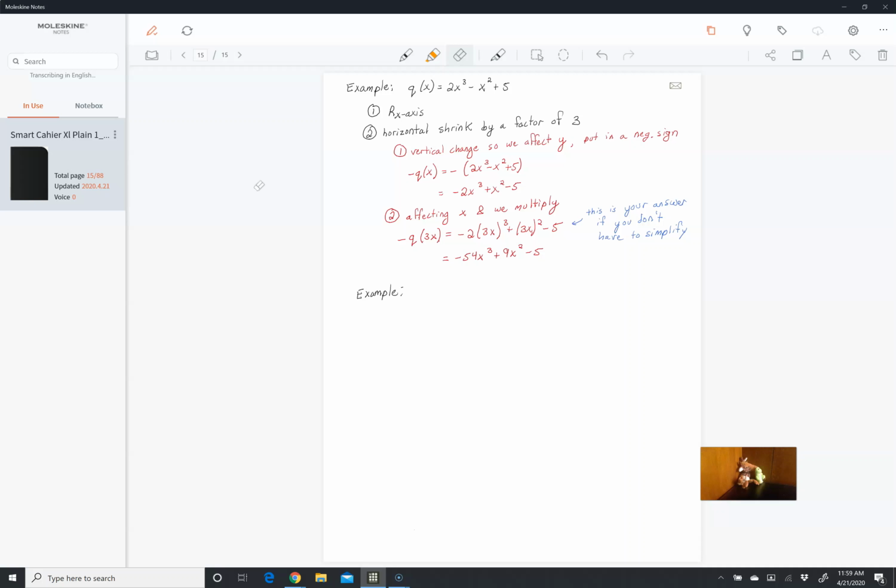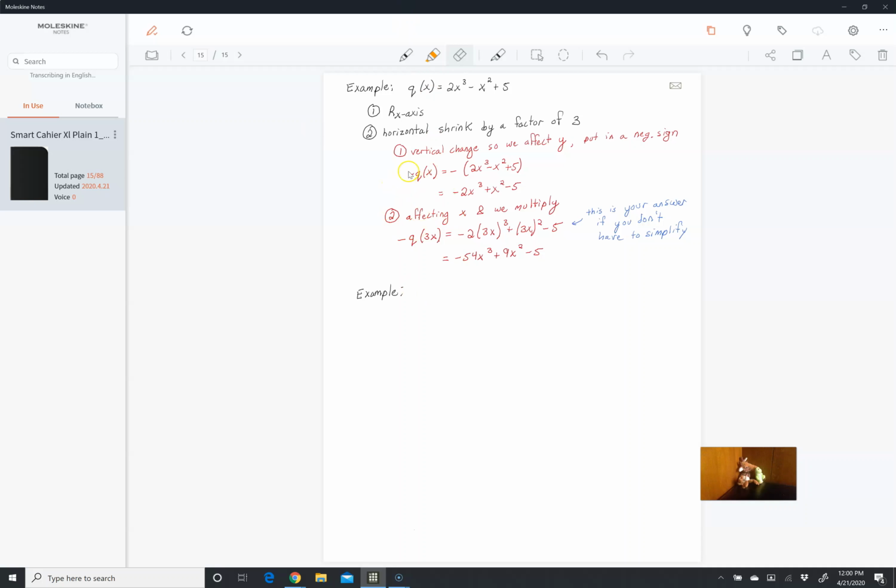This only gets difficult if you're not working with one thing at a time and just thinking, what are we changing? Are we changing the x or are we changing the y? Okay. If you keep it to that simple micro level, then you're not going to have any trouble with this. It's when you try and combine everything and think about it all together that you start to get confused. When you think about, oh, wait, this has to be negative.